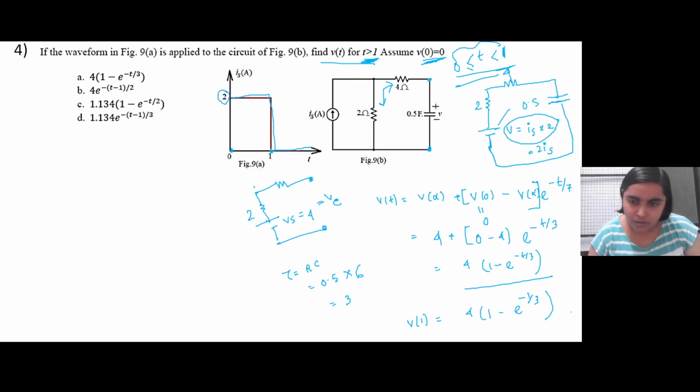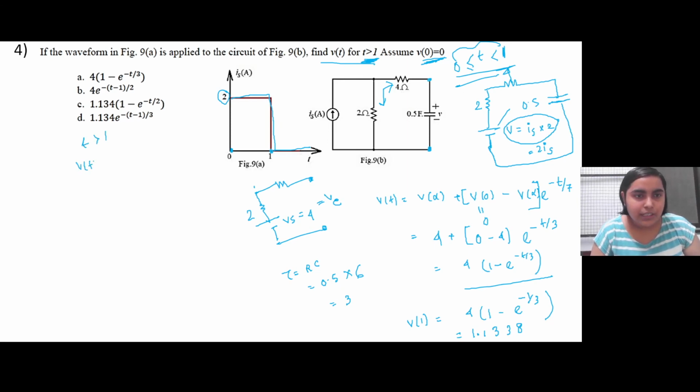So v at time t equal to 1 will be 1.1338.